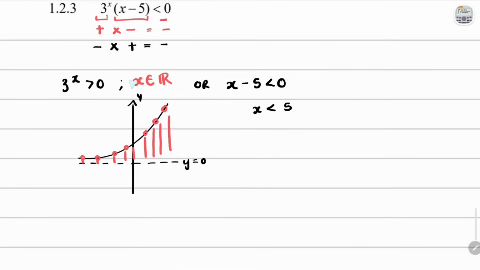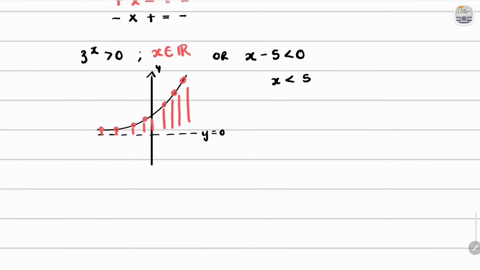So if this one is saying I will work for anything, as long as you're a real number, I will work. And this one, you just have to make sure that this is always a value that is less than 5. Then it means that for them to both be true, for those two situations to be true, then we would have to say x is really just less than 5. This would have to be our answer in this case.